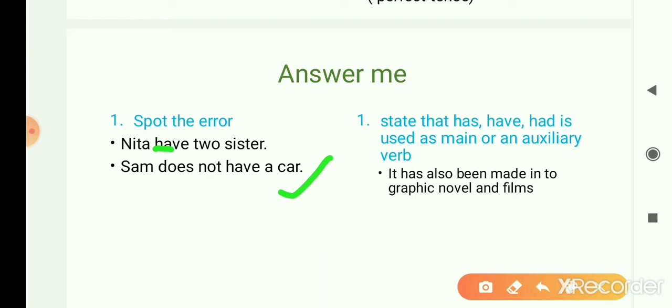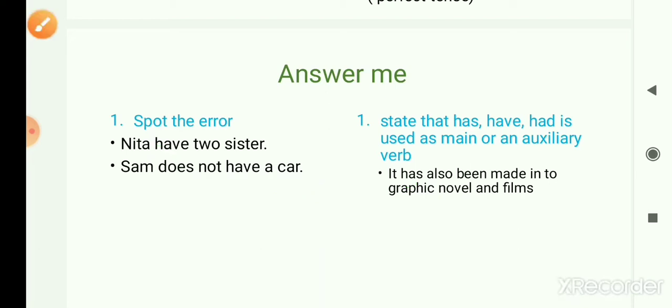Made is also a verb, but there is no repetition of has and have here. So made and has are both acting as verbs. Made is the second. So I said when there are multiple verbs, the last verb will become the main verb, whereas before that it will become an auxiliary verb. So has is an auxiliary verb.